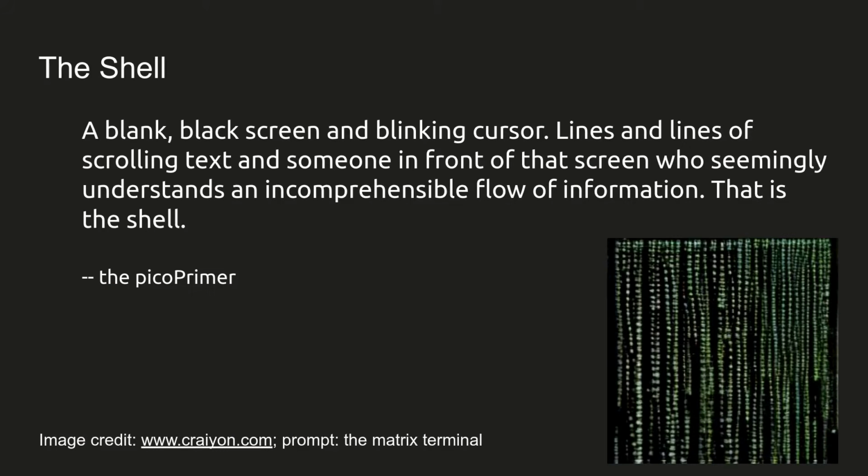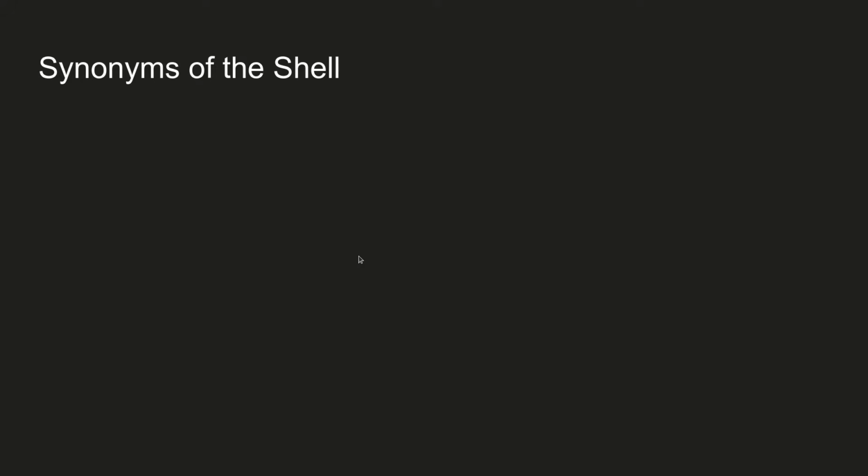I think in reality there's no information in this screen of text, but in the fantasy world, the character says that he can see people, blonde, brunette, in this screen. And that's kind of what we're going for with the shell. We want you to be able to manipulate this seemingly incomprehensible flow of information for your own good and to solve challenges.